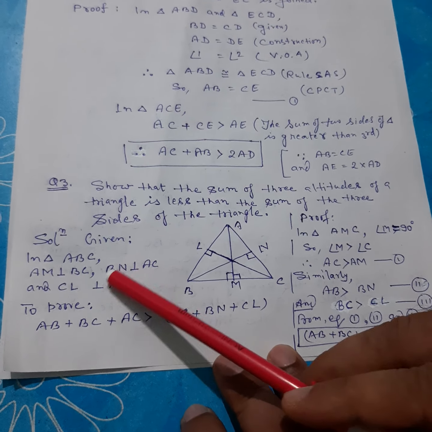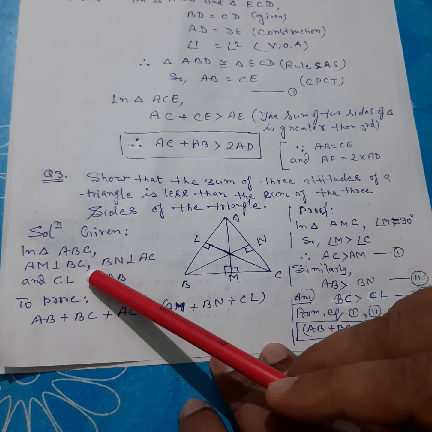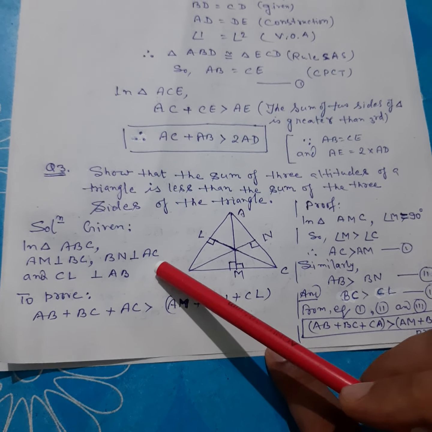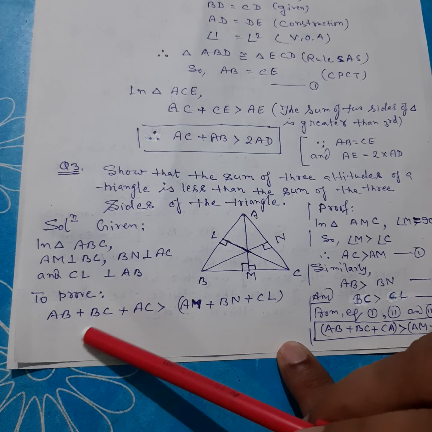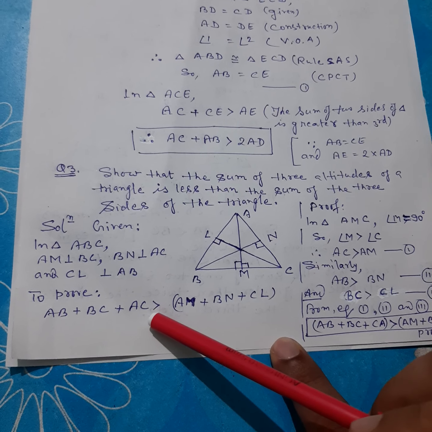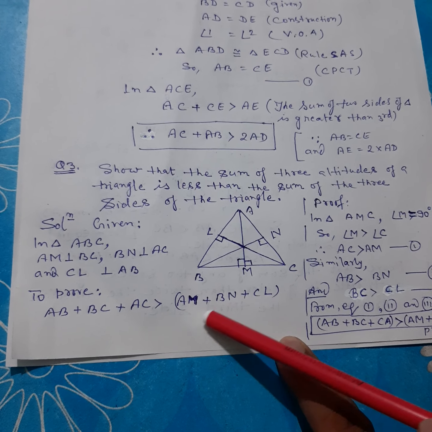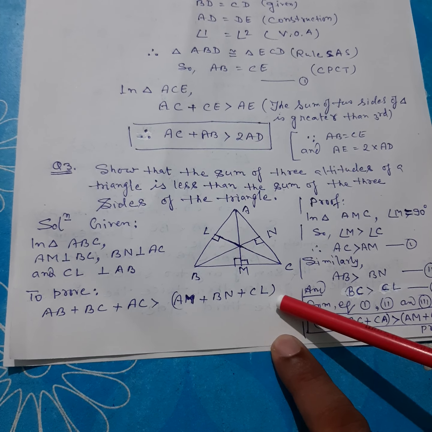Given ABC is a triangle, draw AM perpendicular to BC, BN perpendicular to AC and CL perpendicular to AB. We have to prove that AB plus BC plus AC is greater than AM plus BN plus CL.